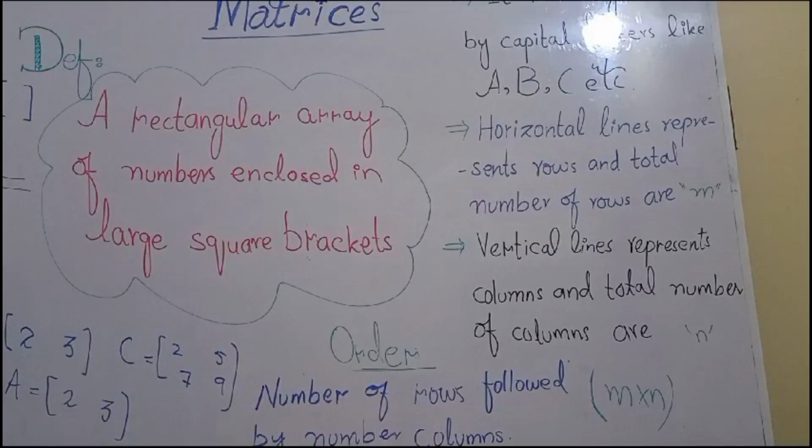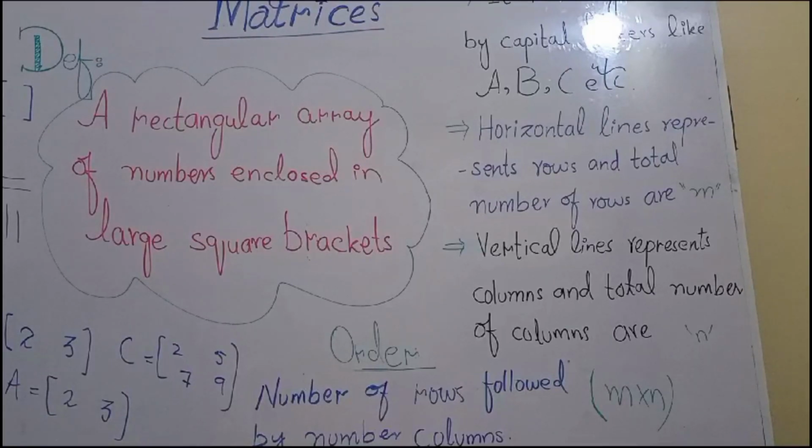Similarly, vertical lines are these lines. Vertical lines represent columns, and the total number of columns in a matrix is represented by small n.